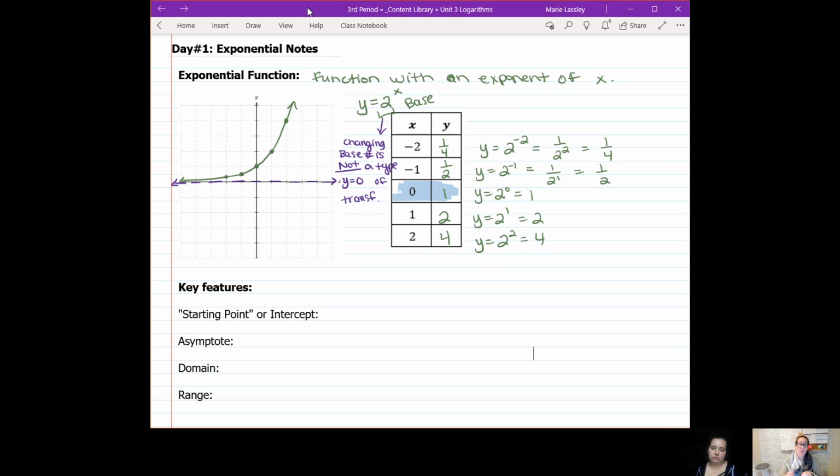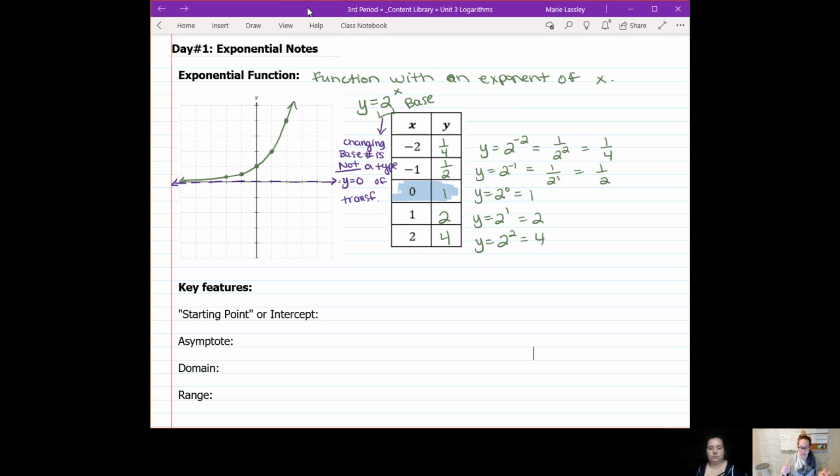All right, so when we do a vertex for a quadratic function, that's where we move that point and then continue to draw our graph using our transformation rules. That's going to be the point 0, 1 in this function. So we're going to treat that point 0, 1 as if it was a vertex or a starting point in a square root function.